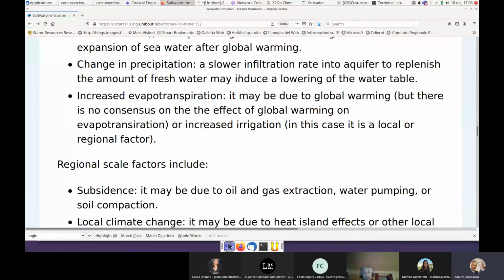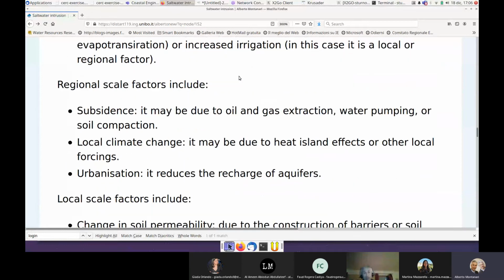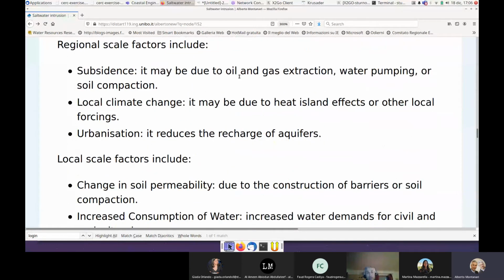And then at the regional scale, again, we may have subsidence, we already discussed it, local climate change, but also urbanization. Urbanization is reducing infiltration, and this is something that may affect the process. Keep in mind that now we know that even a small change in groundwater level may cause a significant impact.